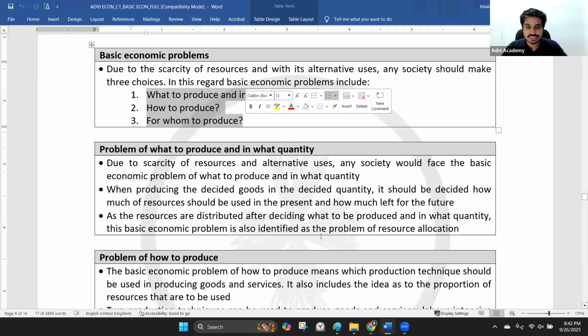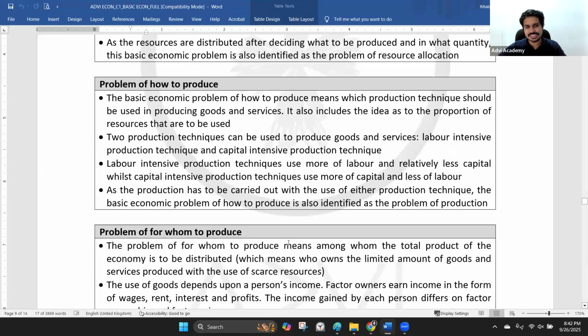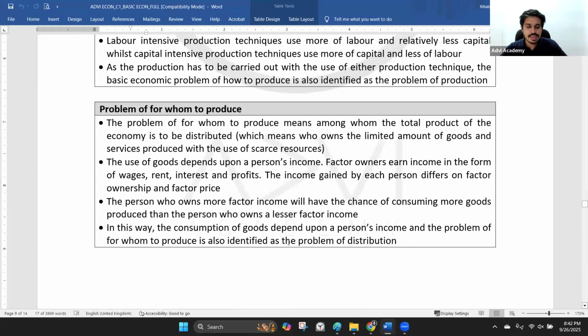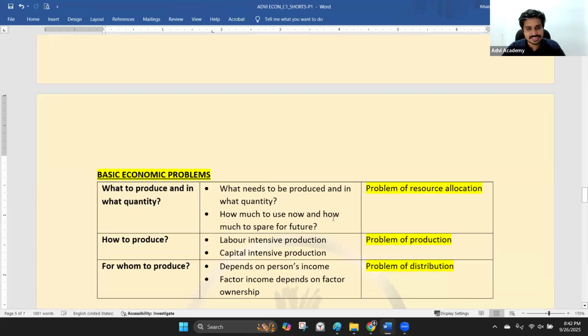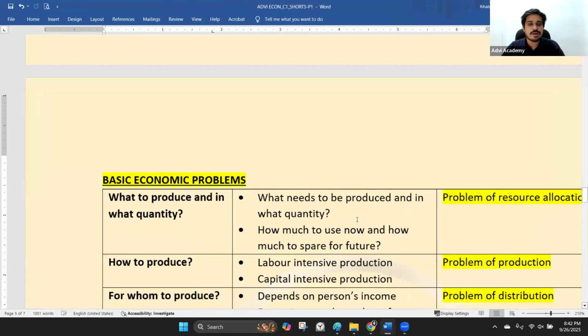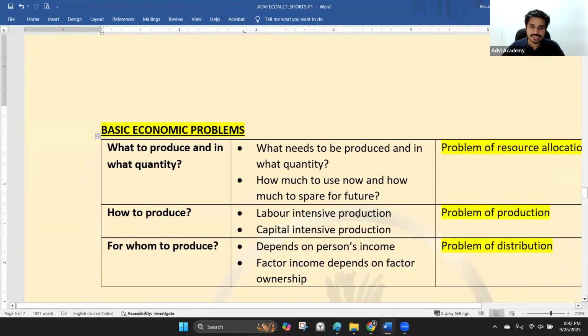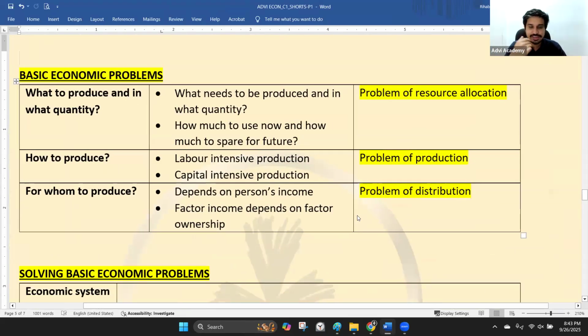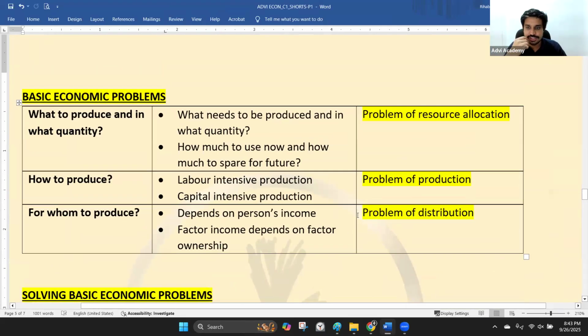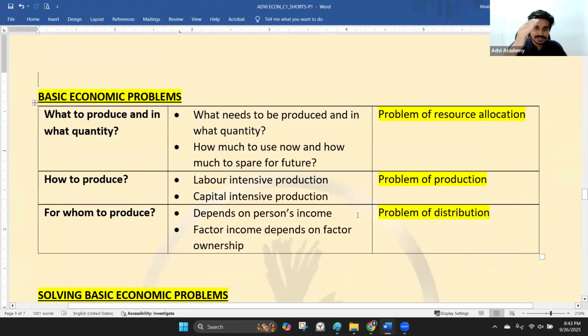Three problems, first and foremost. There's a long theory section here. You can actually read this, right? Basically, the summary of that is this. If you talk about what to produce and in what quantity, now assume you're AKD. Let's say you're the president of this country. Let's say these are the three problems that you have to solve as far as your country is concerned.